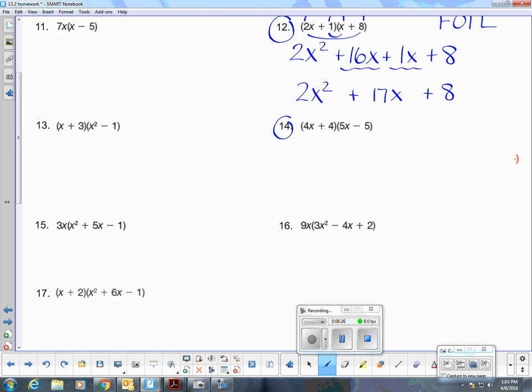Number 14. Now what I notice, a negative 20x and a positive 20x will cancel each other out to 0.